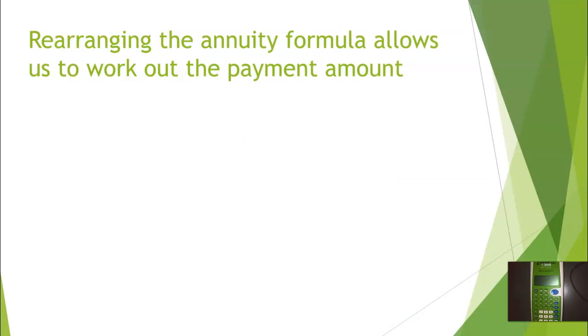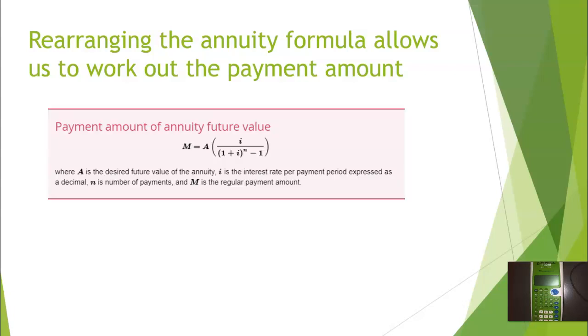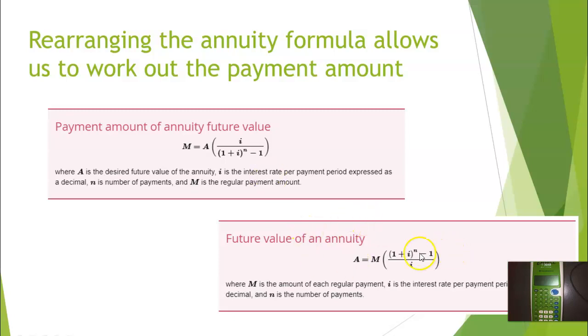What if we want to work out the payment amount? Well, we can rearrange the formula so that the payment amount is the desired value, or the future value, multiplied by I over (1 plus I) to the n, take 1. So if we once again refer to our future value formula that is available on the QCAA formula sheet, you'll notice that the A and the M have swapped positions.